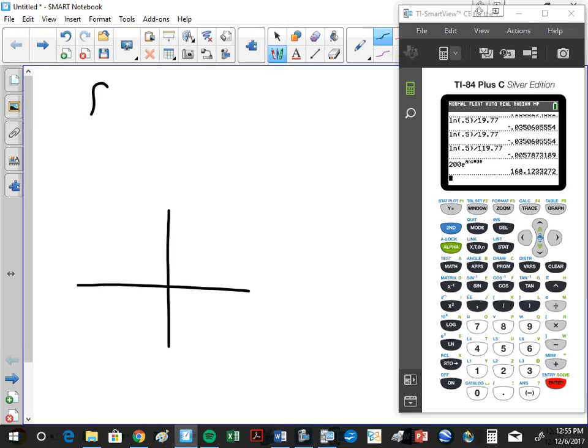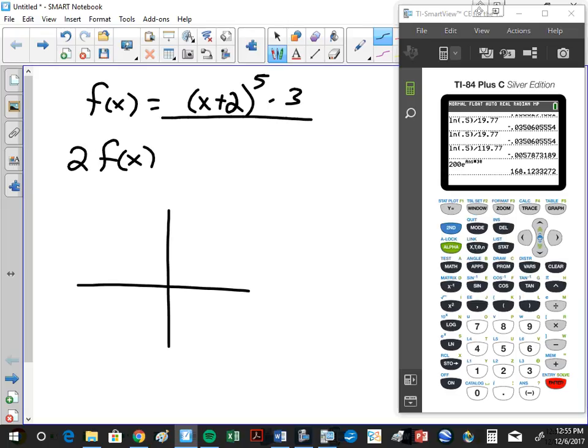All right, what if we had this? If f of x is x plus 2 to the 5th minus 3, and I wanted to graph 2 f of x. What would I do? Well, you would times all of this by 2 and graph it.